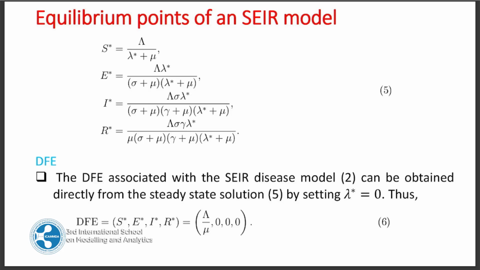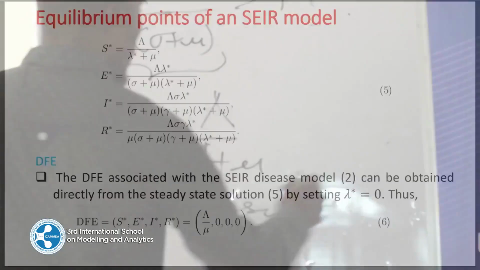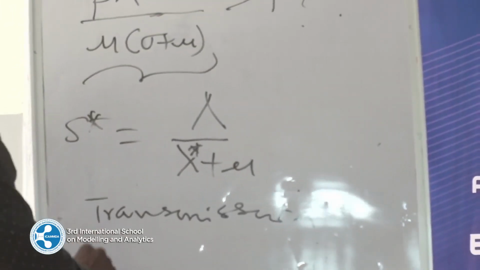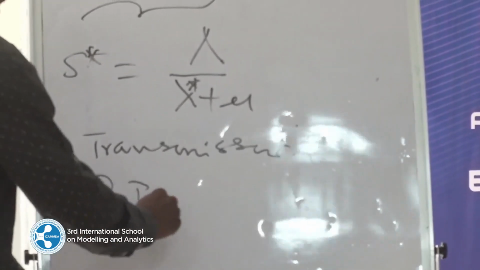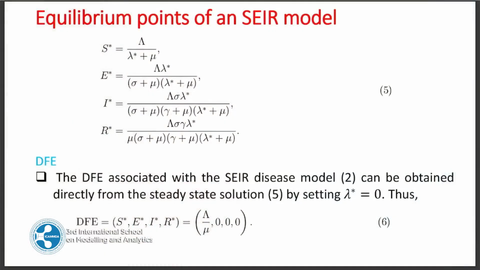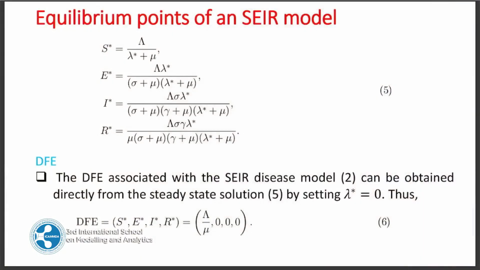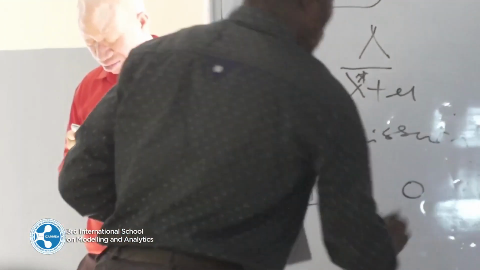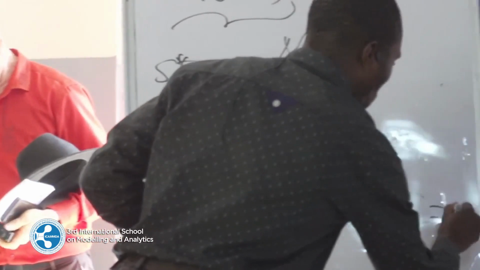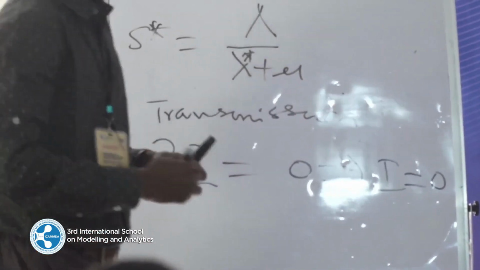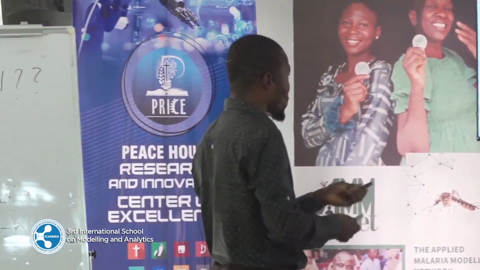Right? So now from here, we said that the transmission of a disease, according to this model, is defined by beta I. So if you have this force of infection equal to beta I, it will mean that when lambda is equal to 0, it implies that I is equal to 0.